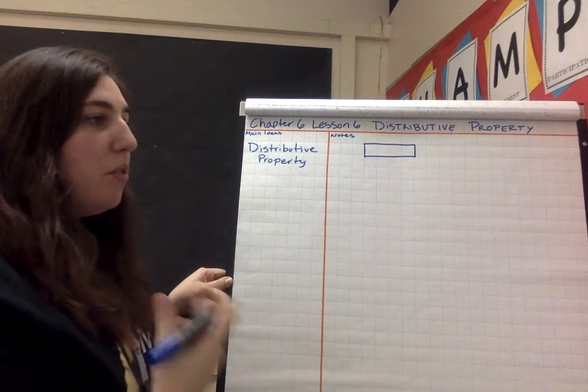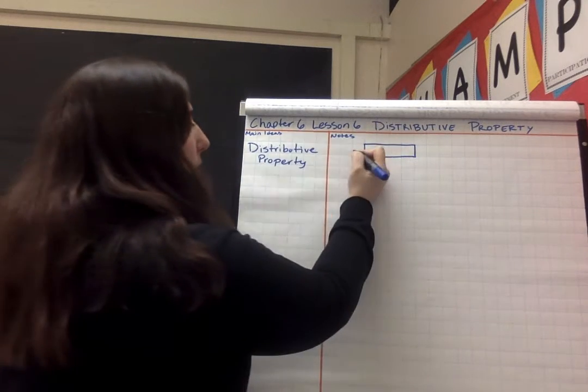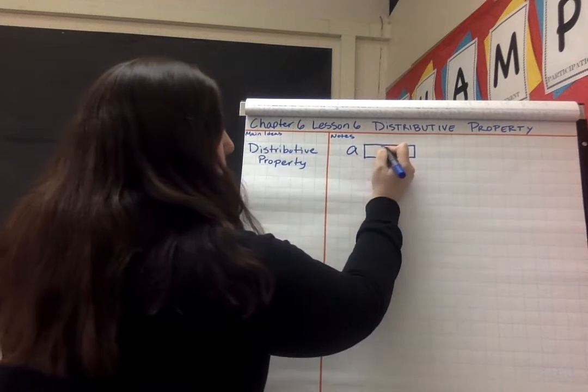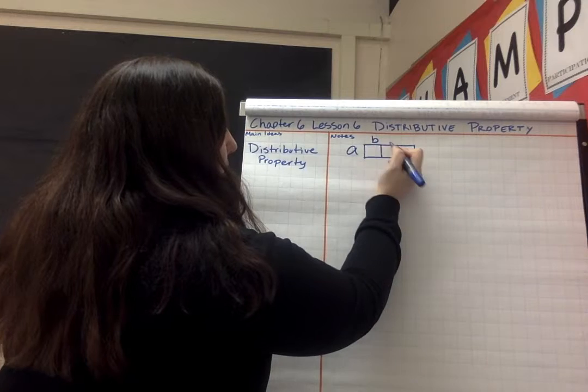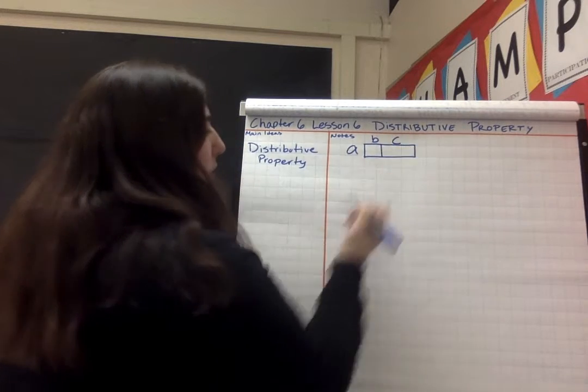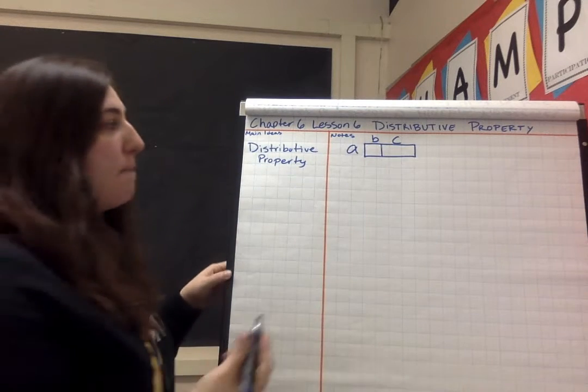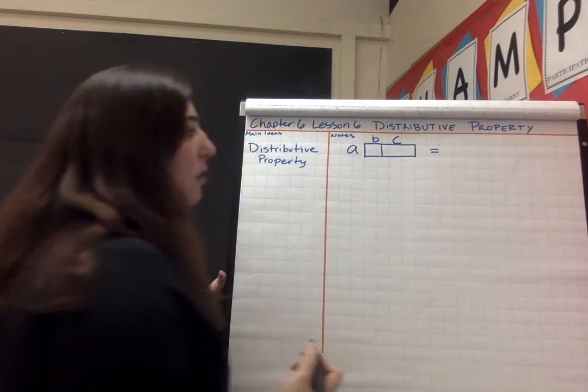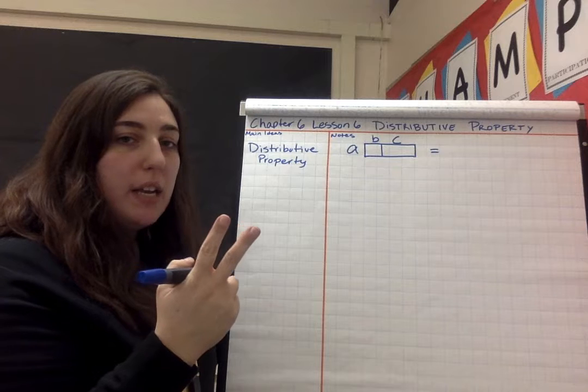Okay, so if I have a rectangle and this side length is A and this side length is B, and then I have C for that side length, okay, I can also draw another area model showing 2 rectangles.